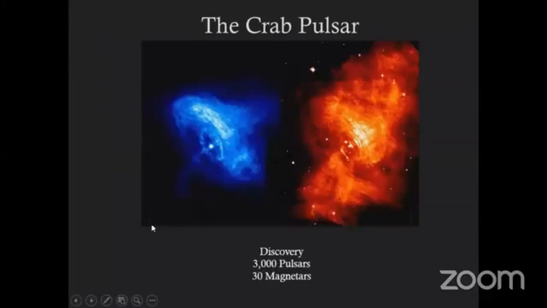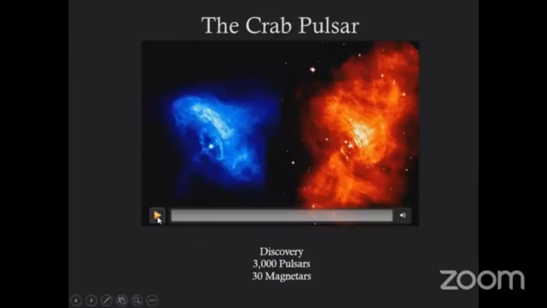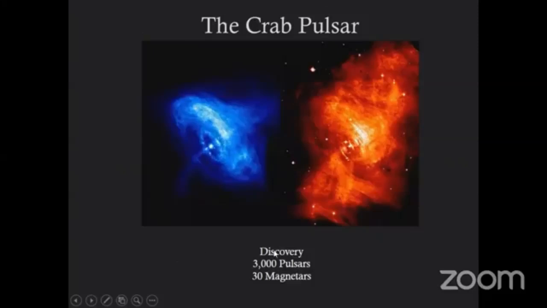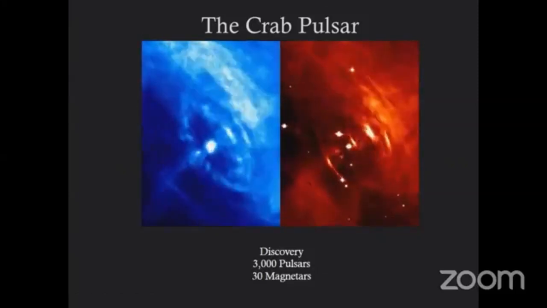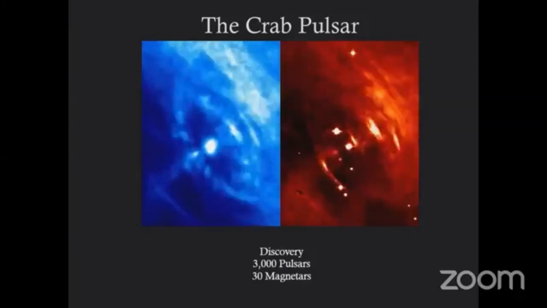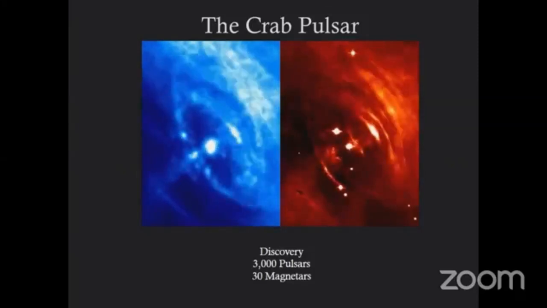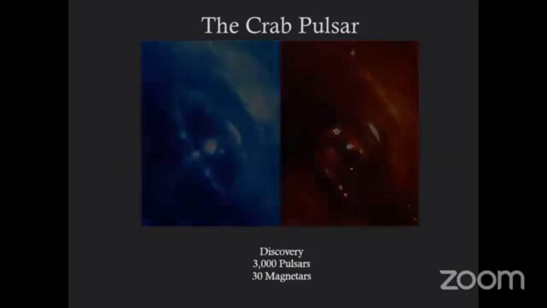Here is a simulation of the Crab Nebula, one of the most popular pulsars that we know. Till today, about 3,000 pulsars have been discovered and cataloged. Out of these 3,000, about 30 of them are magnetars.